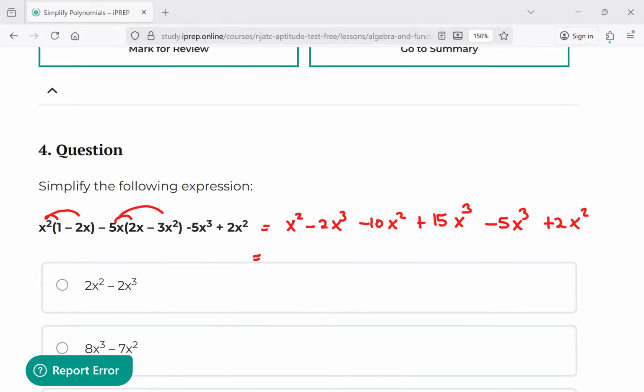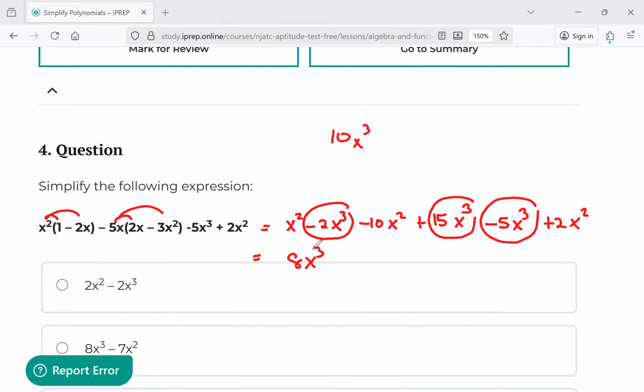So let's start with the highest power. My highest power is 15x cubed, and then negative 15x cubed. And then you also have a negative 2x cubed, right? So what's 15 minus 5? 10. 15 minus 5 is 10x cubed, and then negative 2 is 8x cubed.